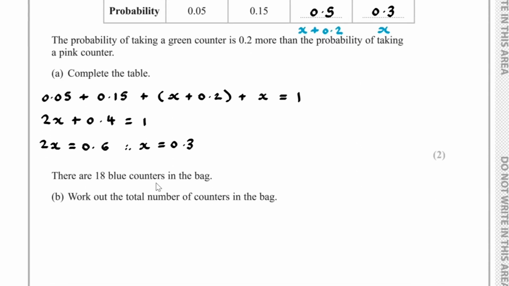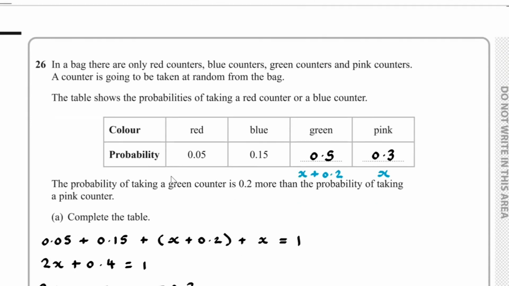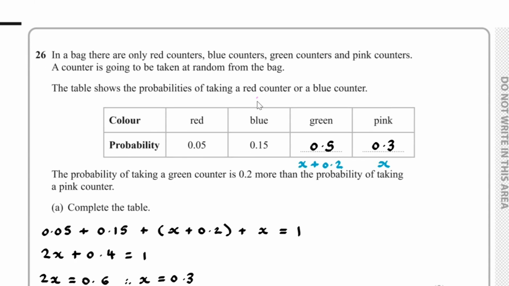Now there are 18 blue counters in the bag, and with this we have to work out the total number of counters in the bag. Well, what we have is 18 blue counters. If that 18 counters is represented by 0.15, that means for 0.05 I need to do 18 divided by 3, which is 6. And then if I double the 0.15, I get 0.3. So doubling the 18, I get 36.